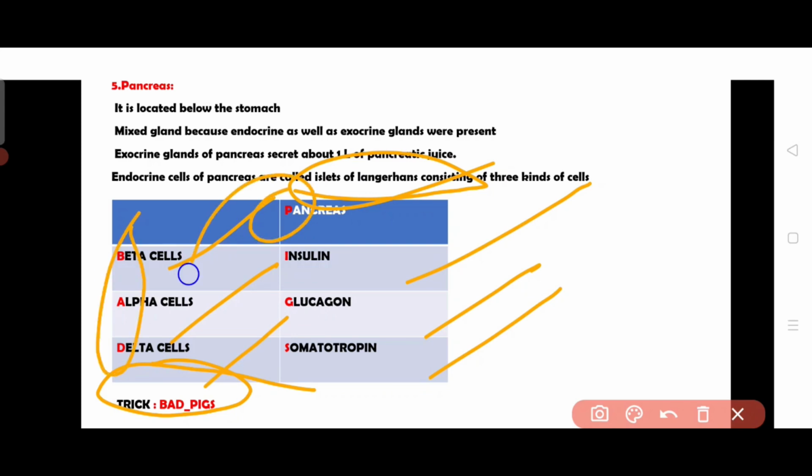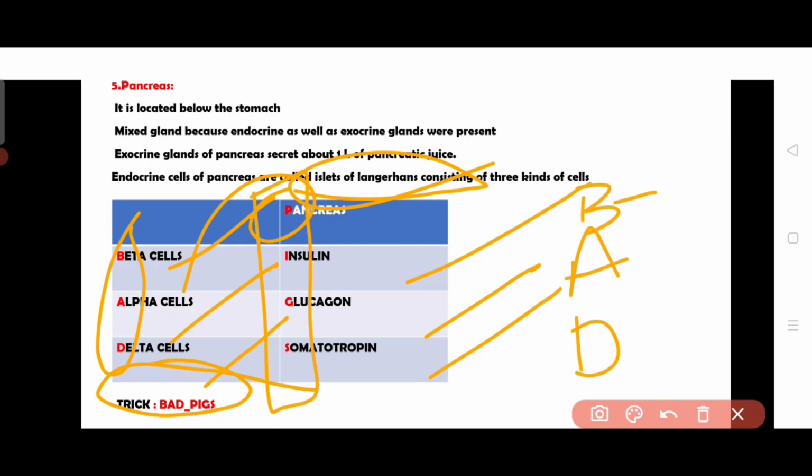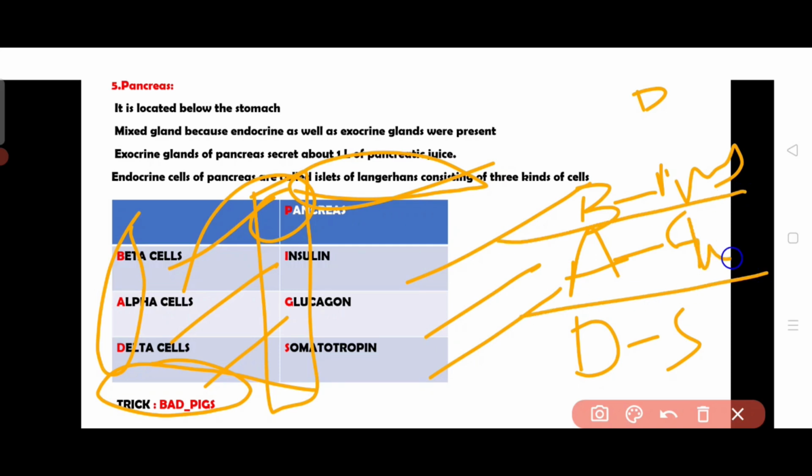Take the first letter of pancreas, P, and pigs, written as BAD PIGS. I is insulin. Beta cells secrete insulin, alpha cells secrete glucagon, and delta cells secrete somatotropin. Just by remembering BAD PIGS, you can mark the cells and their products.